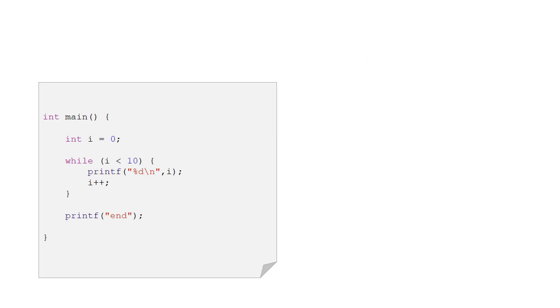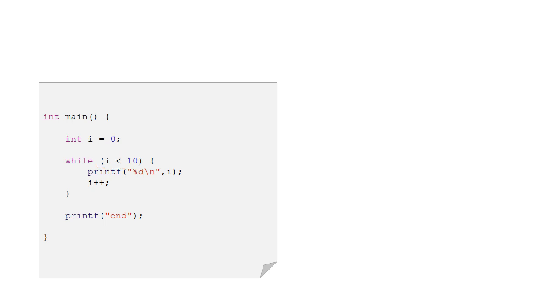So we'll look at how to implement the while loop in C or C++. Look at the syntax. So you can see here, this is the kind of syntax that we use. We've got while, and we put the conditional statement inside the brackets. So here we're saying while i is less than 10.